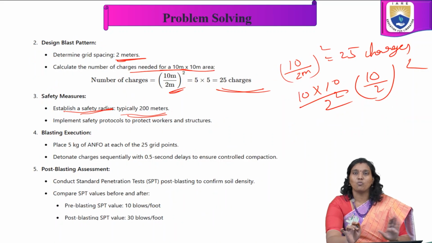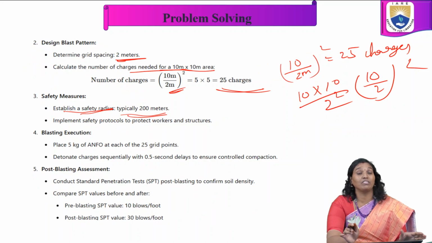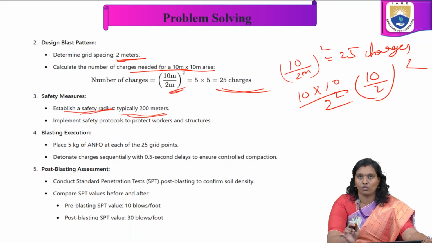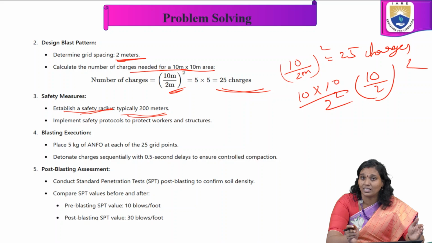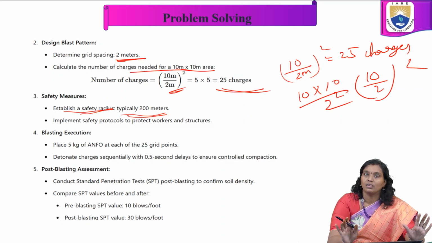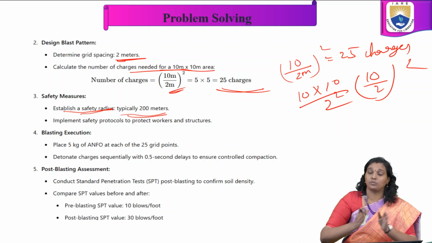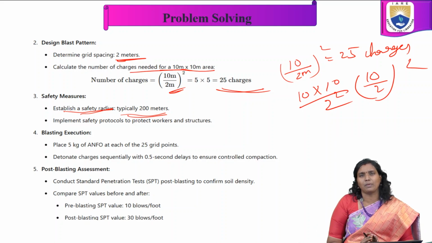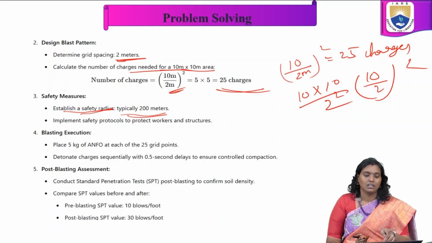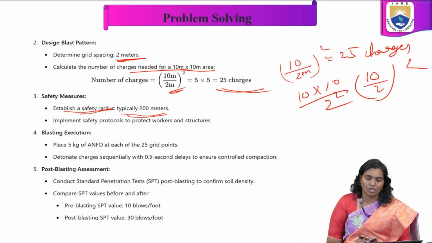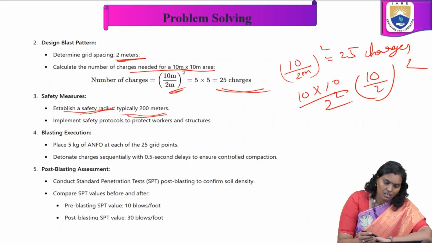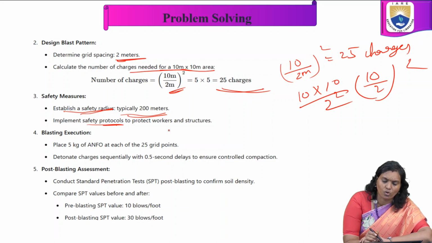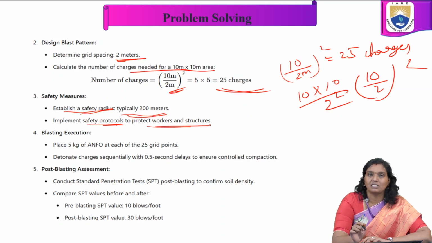According to that, how much safety radius is required depends on the type of construction, where it is located, whether heavy rocks or loose soil are there, what kind of explosive we are using, the spacing, and how much area we are covering with the blasting. These are all the parameters to establish the safety radius. So implement these safety protocols to protect workers and structures.